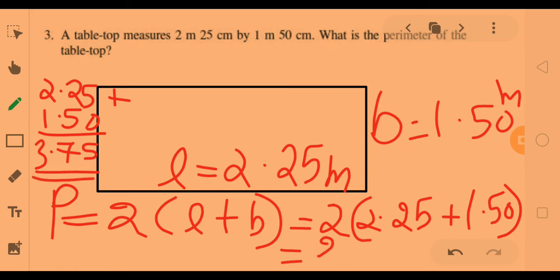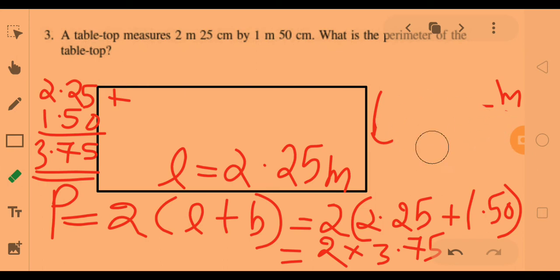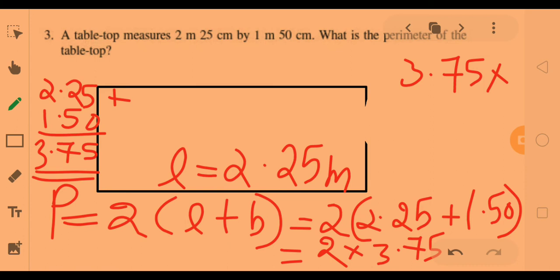So which is equal to 2 times 3.75. The product will be the perimeter of the rectangle. So let us multiply that number. 3.75 times 2. 2 5s are 10, 1 carry over. 7 2s are 14 plus 1 is 15, decimal point, 1 carries over. 3 2s are 6, 6 plus 1 is 7.